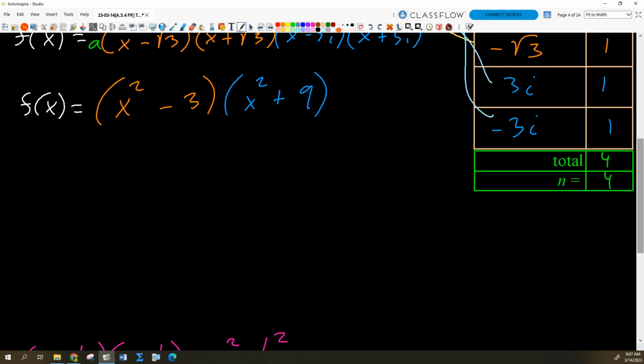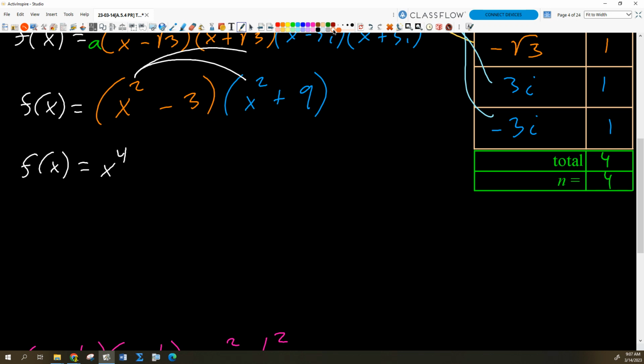Now, this is no big deal, right? Now we've got this down to where all I have to do is multiply these two binomials, just FOIL them, right? No big deal. Okay, so we get f of x equals, if I distribute the x squared, what am I going to get? You guys walk me through this.